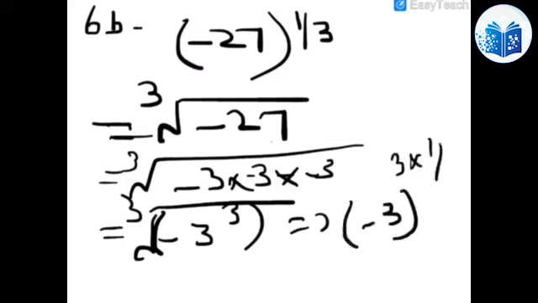You cancel the 3 with the 1 over 3, and the answer is minus 3. Done.